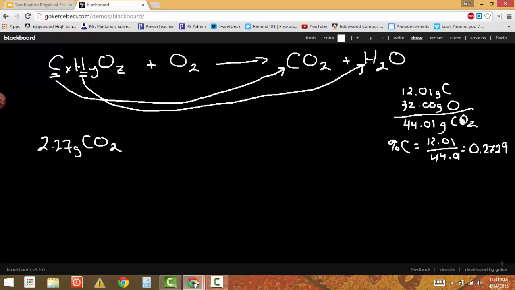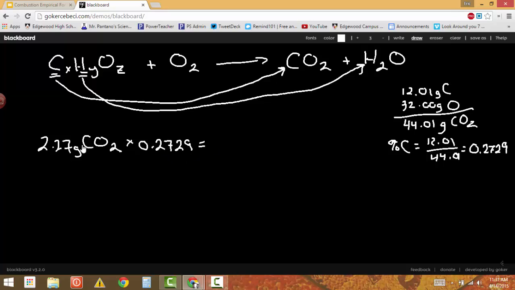That means anytime I have carbon dioxide, a little more than 27% of the mass of the CO2, whatever mass that is, is going to be carbon. So I know then that of this 2.27 grams, a little over 27% of that is going to be carbon.